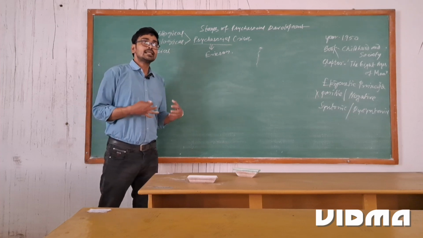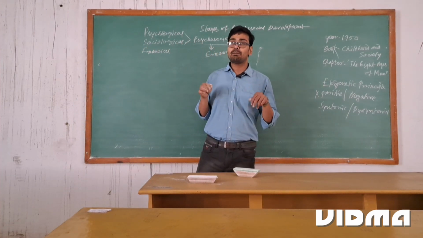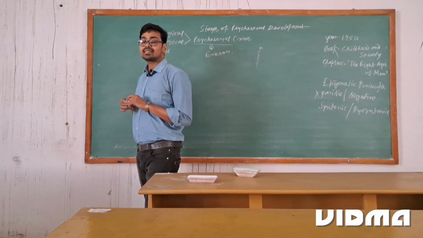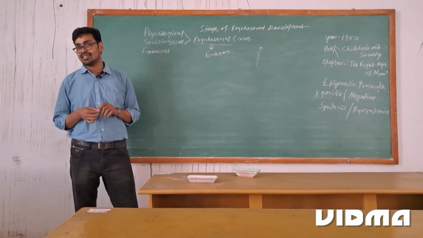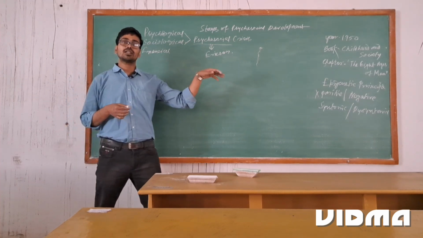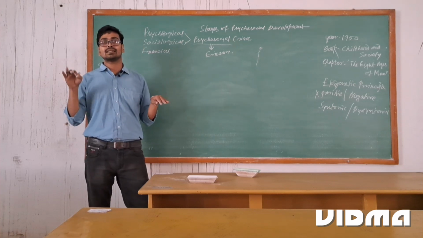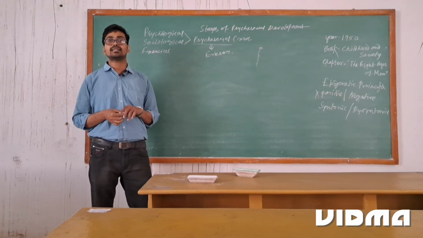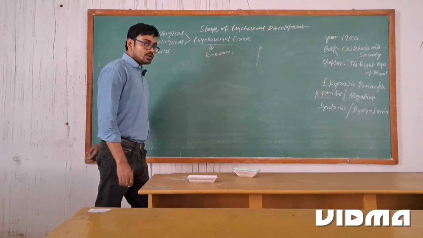This personality development basically depends on a sensible balance between these two opposite factors, like positive and negative, or syntonic and dystonic. Balancing these two opposite sides of each crisis develops a good personality.